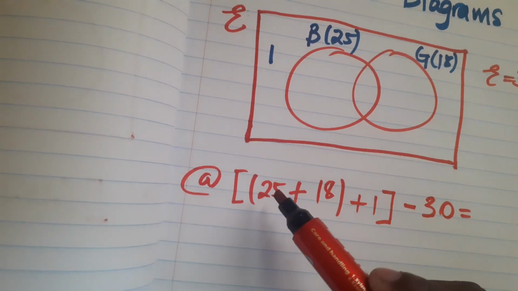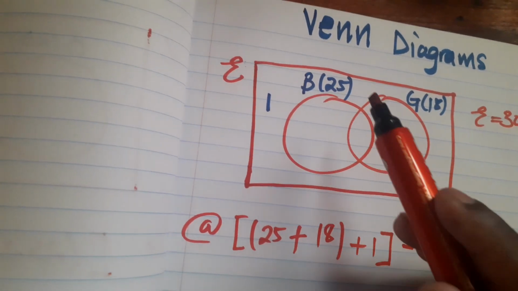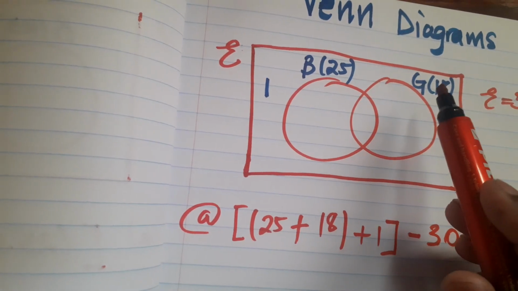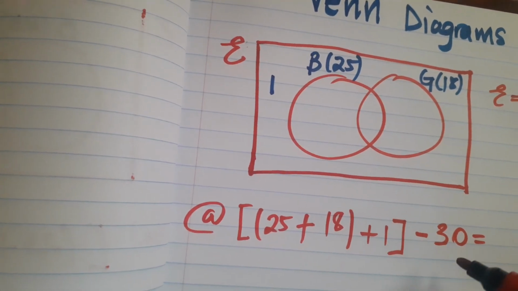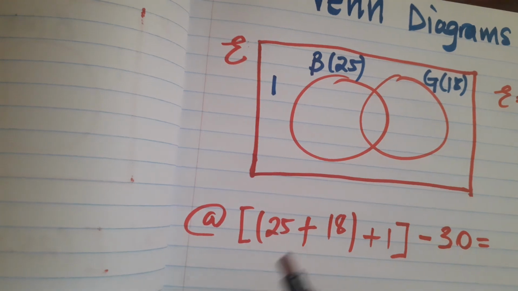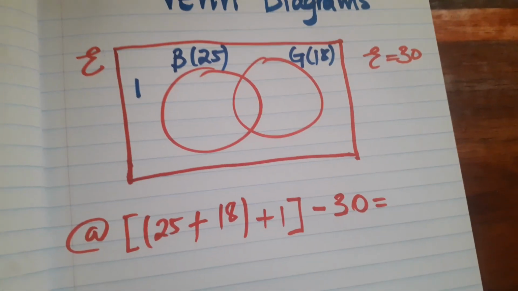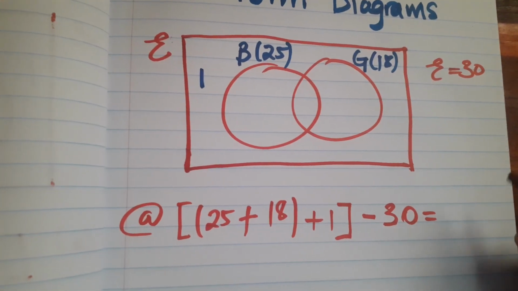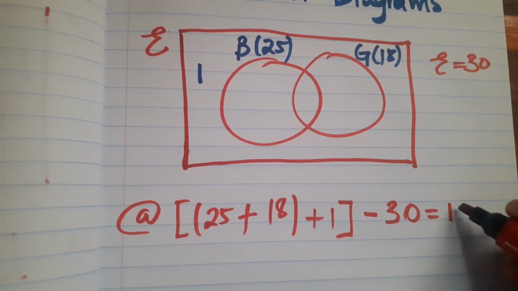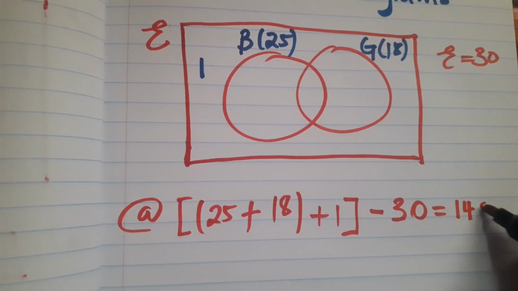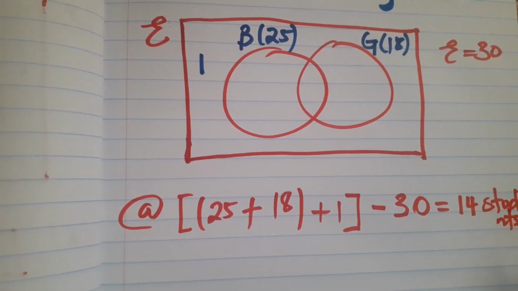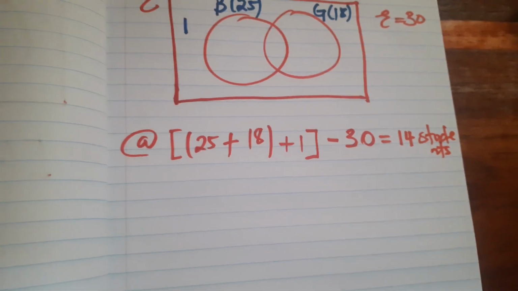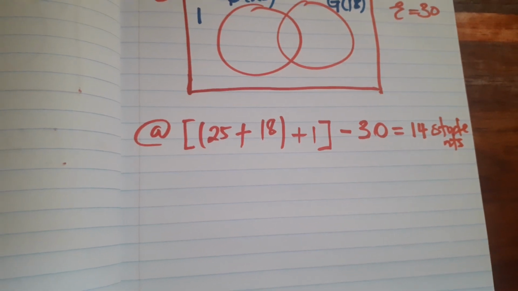We add the number of students doing biology and those doing geography, and plus 1. And then we subtract that from the universal set. And then we get the answer, which is 14 students. Not only write 14, it should be 14 students.